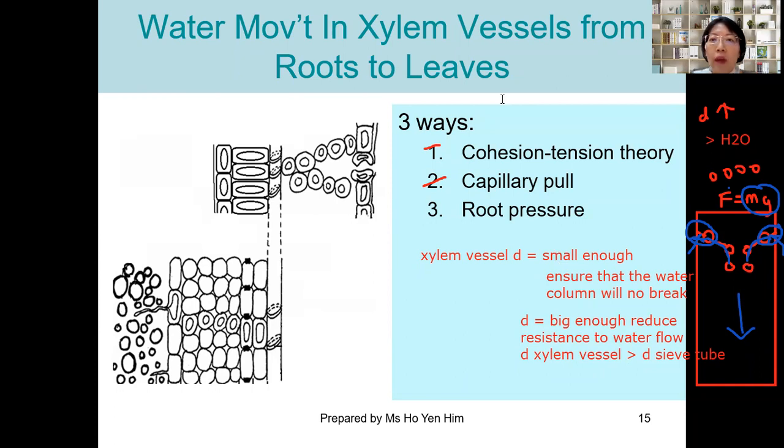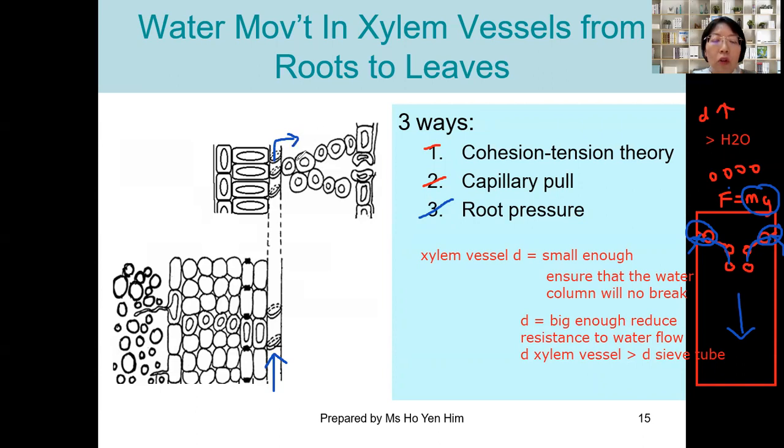Now there is a third way water can be transported up the plant, called root pressure. Root pressure is due to the hydrostatic pressure created at the bottom of the xylem vessel. It is different from cohesion tension, which is a pulling force in the upper region of the xylem vessel.